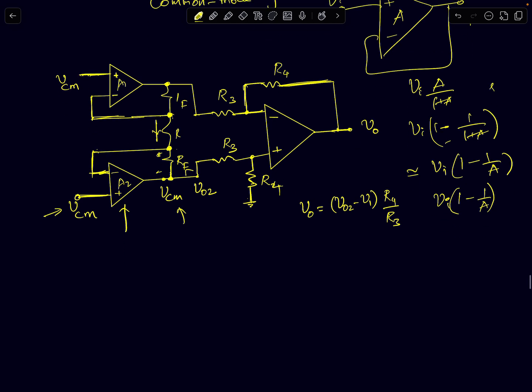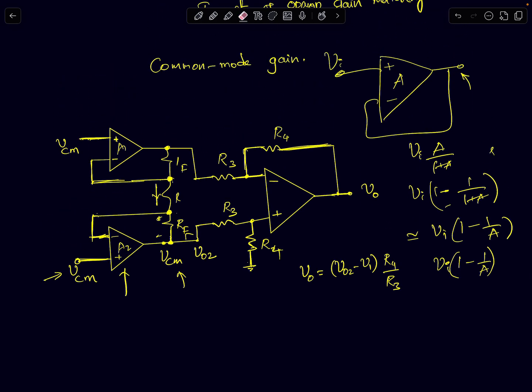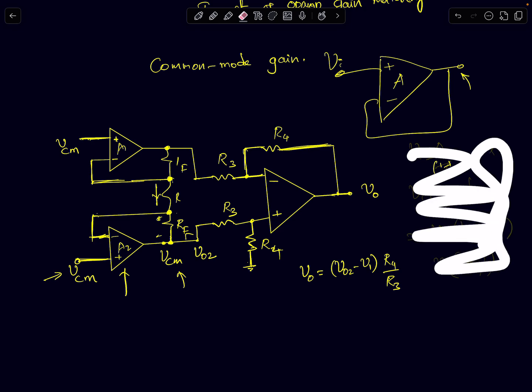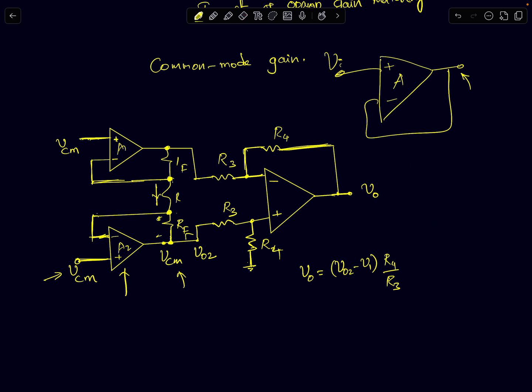Now we know for a voltage buffer, which I have shown here, with a finite opamp gain A, the output voltage is not exactly equal to the input voltage. In fact, it is given by A by 1 plus A times the input voltage. I can write this as 1 minus 1 by 1 plus A times Vi.